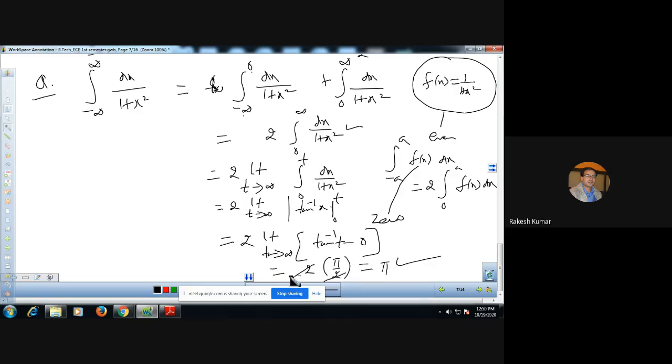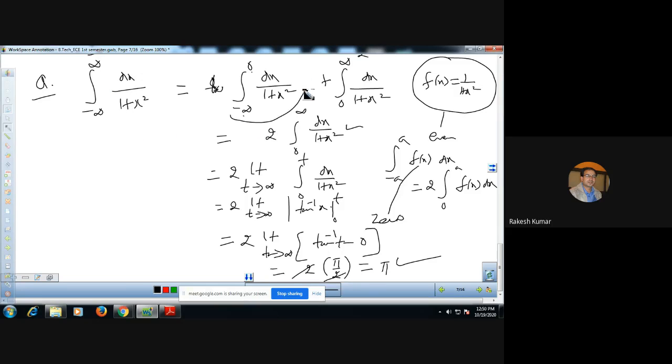So this is the procedure to find out the value of a definite improper integral when both the limits are in terms of infinity. Lower limit is minus infinity and upper limit is plus infinity. And you just need to break the question.